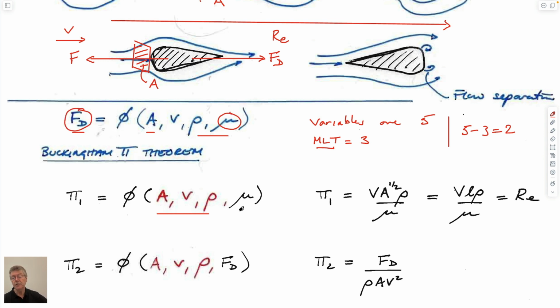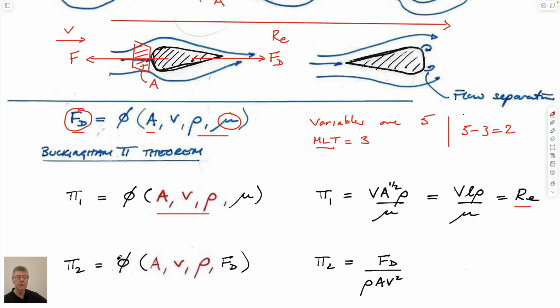So combining the first, I won't go through Buckingham pi, but if we did that, we'd end up with something with an area to the square root, which is really a diameter, some kind of characteristic length. And so this is clearly a Reynolds number, inertial to viscous forces, density and viscosity.